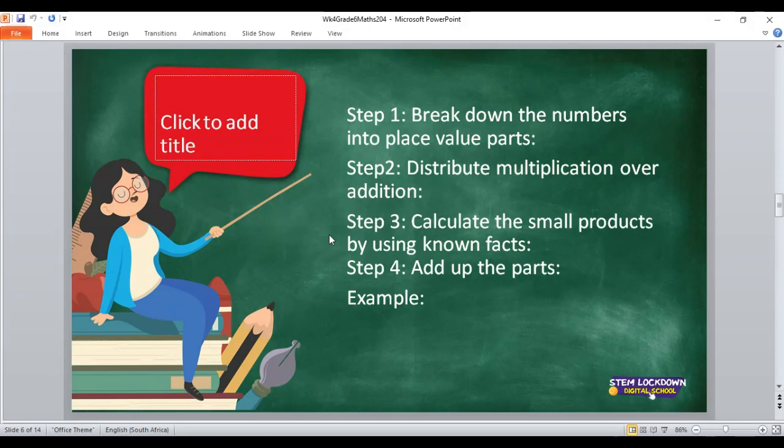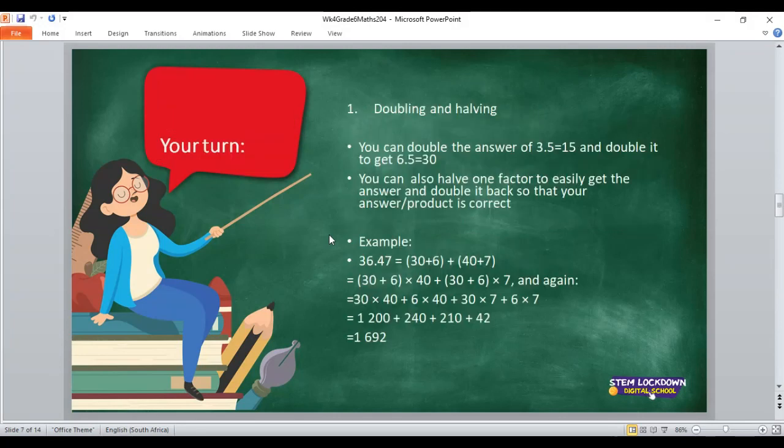Now let us move to our next slide. We have doubling and halving. That's another way of doing your multiplication.